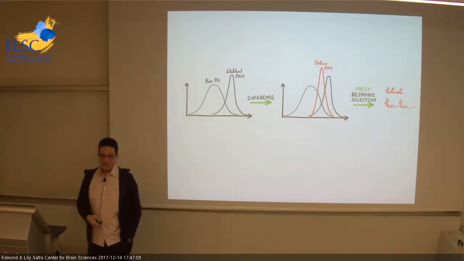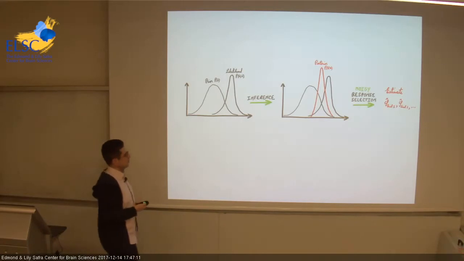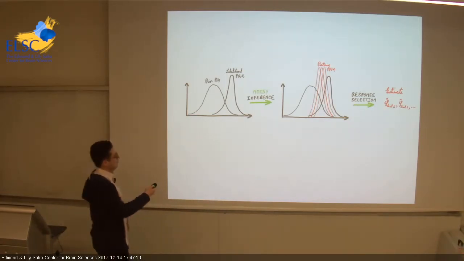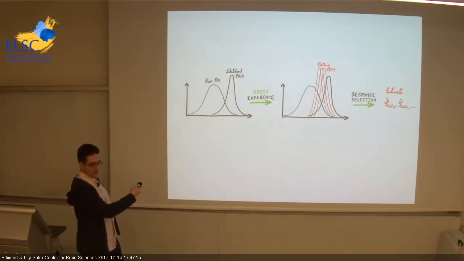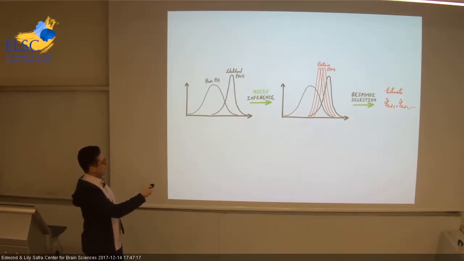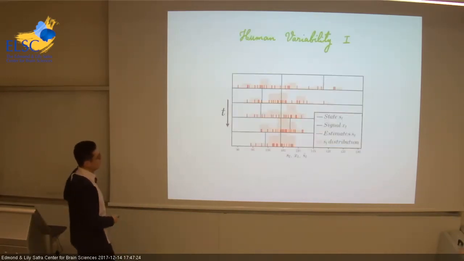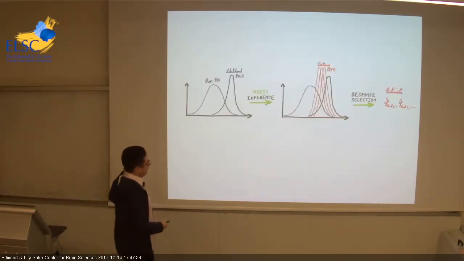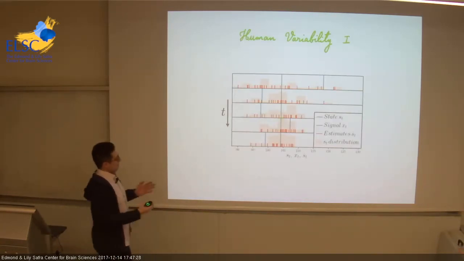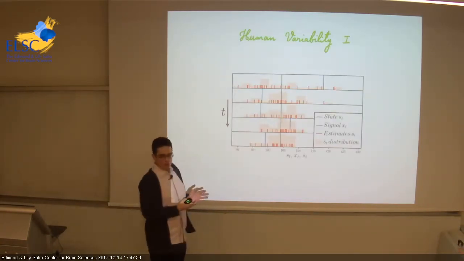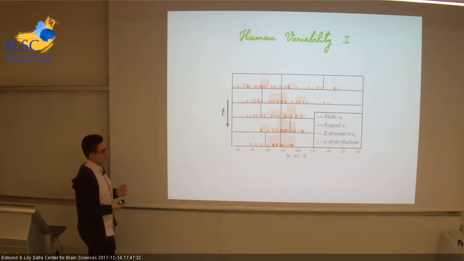Now, this is the most common proposal, but it's not the only one. In fact, you could have noise much earlier in the process. The inference process itself could be noisy, and so at each trial you generate some noisy posterior. In order to disentangle this, it's important to look more closely at the character of this variability.